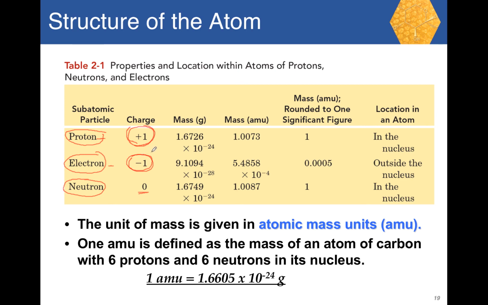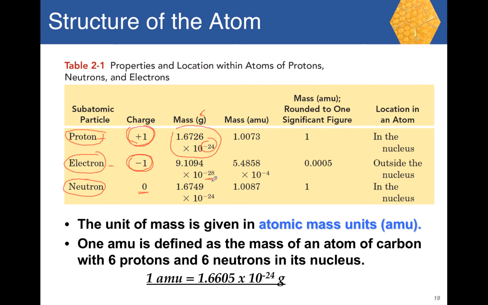Another thing I want to point out on this table is the mass. Notice that it's extremely light. The proton weighs 1.6726 times 10 to the negative 24 grams. As you can see, that's extremely light. Look at the electron, even lighter, 10 to the negative 28. As we said earlier, these numbers are so small that they are extremely difficult to write.